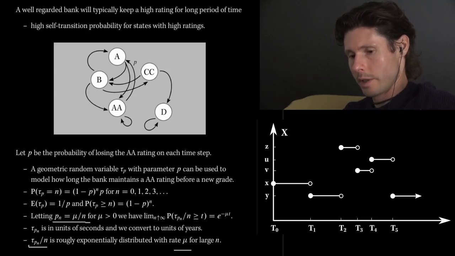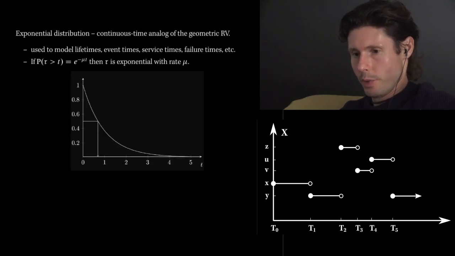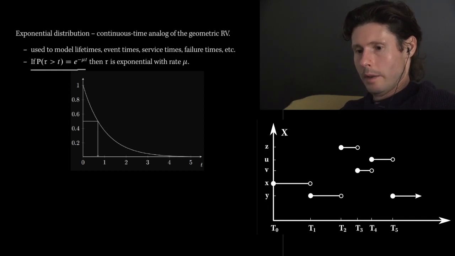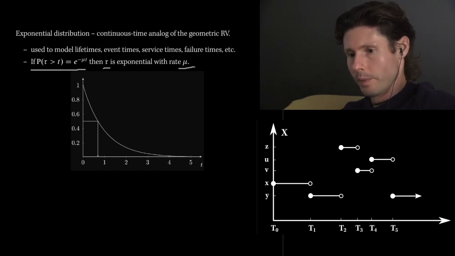That's just a constant parameter that's assigned there. And then, of course, in the limit, tau becomes an exponential distribution. We've seen it before. This is called the survival probability. And anytime you see this, you know that tau is an exponential random variable with rate mu that appears in the exponent here.